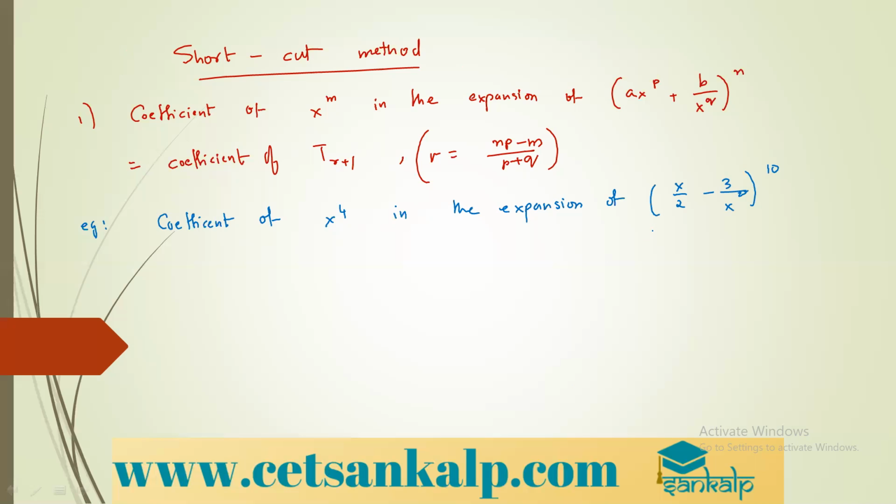First of all, I will change this. I will write (1/2 x^1 − 3/x^2)^10. Why am I changing it like this? So that I can write some important things.